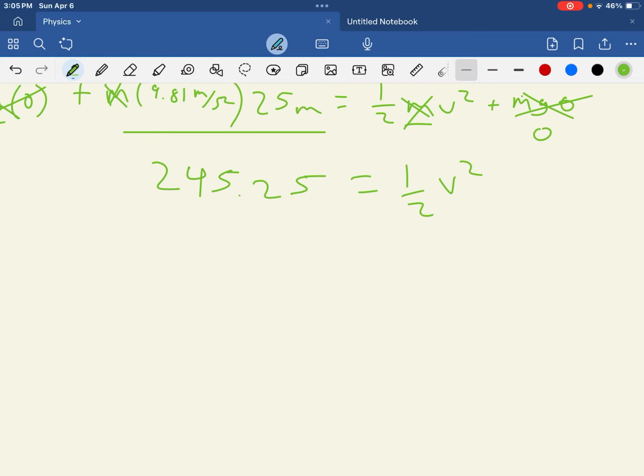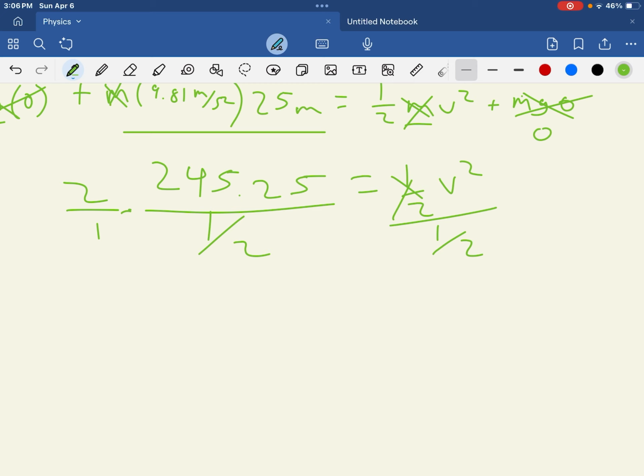You divide this side by 1/2, and we know dividing by 1/2 is the same as just multiplying by 2. So 245.25 times 2 equals 490.5.